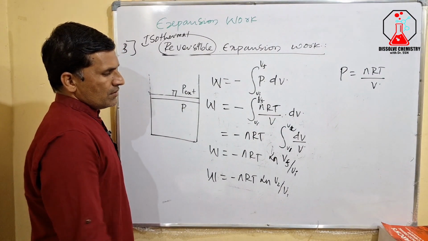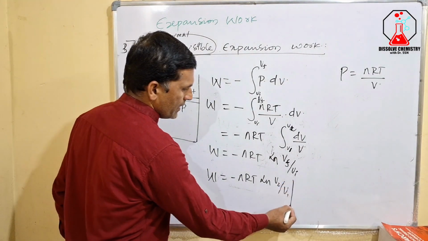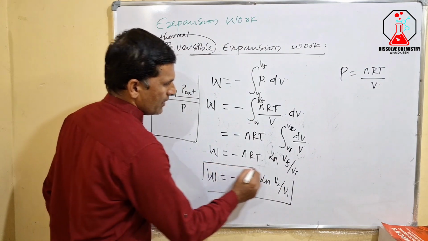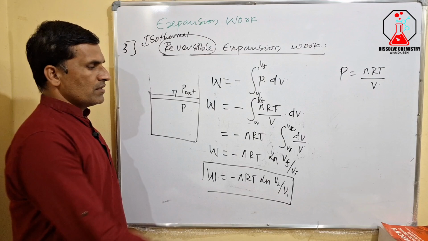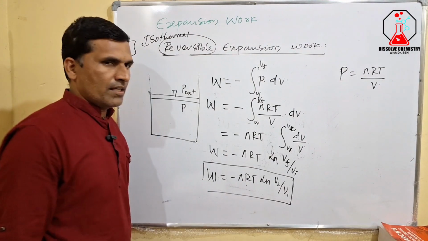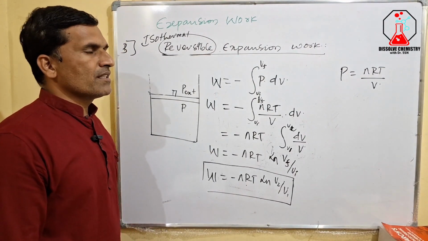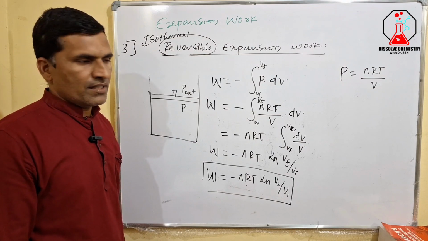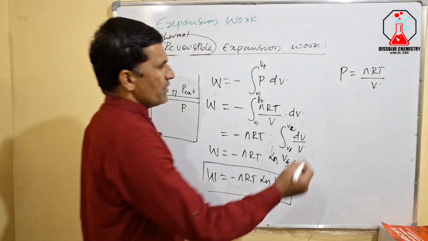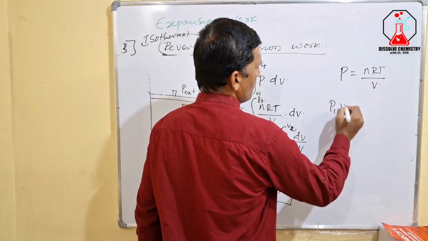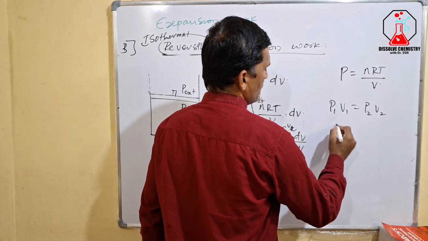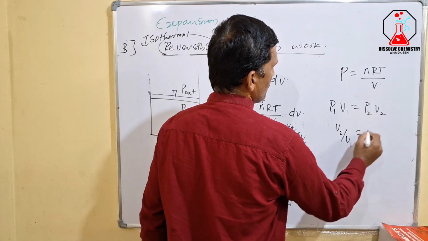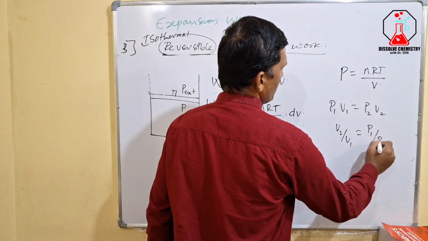Therefore we can calculate work done in isothermal reversible expansion by using this particular equation. Now suppose it is given in terms of pressure. Then we know that for an ideal gas P1 V1 is equal to P2 V2. So V2 by V1 is equal to P1 by P2.